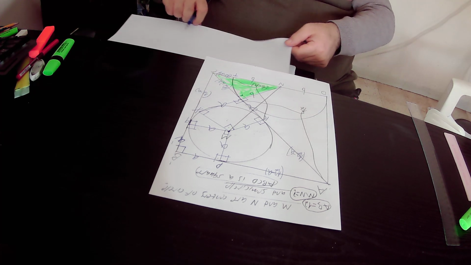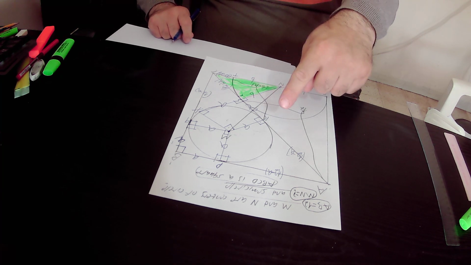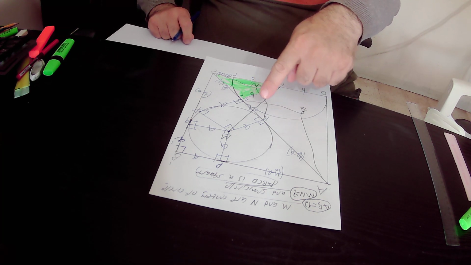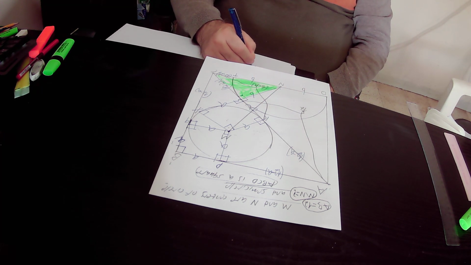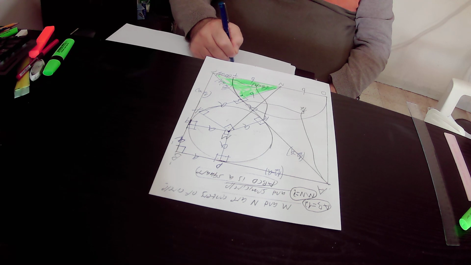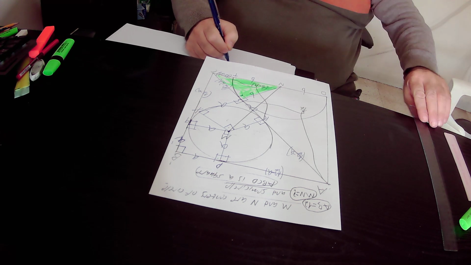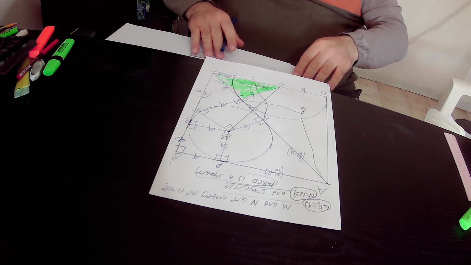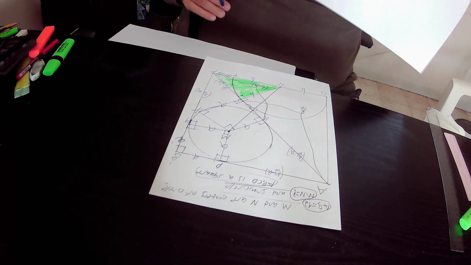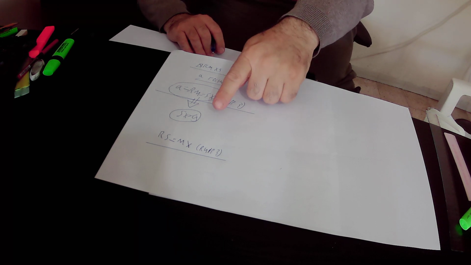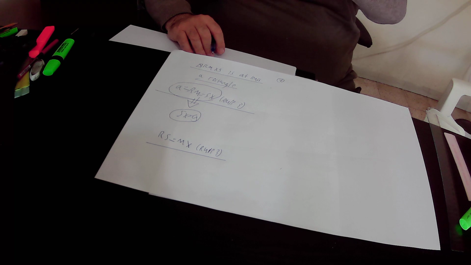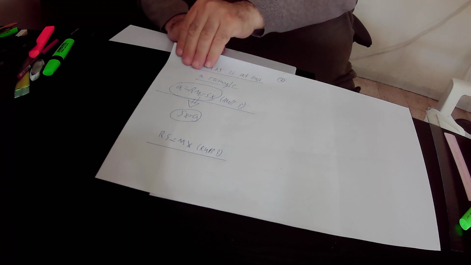Likewise, in rectangle MXRS, we know that RS must be equal to MX according to rule number 3, that the opposite sides of a rectangle are equal to each other.